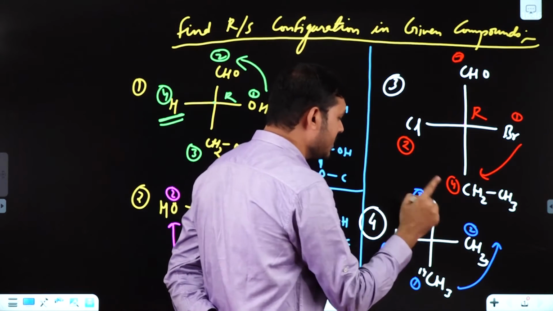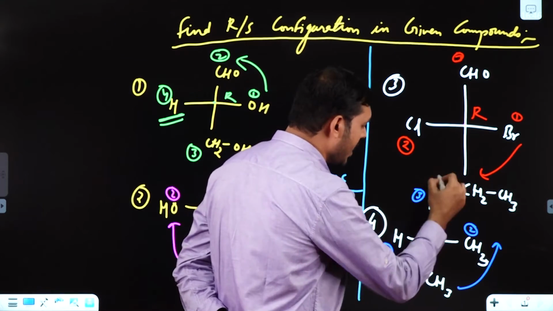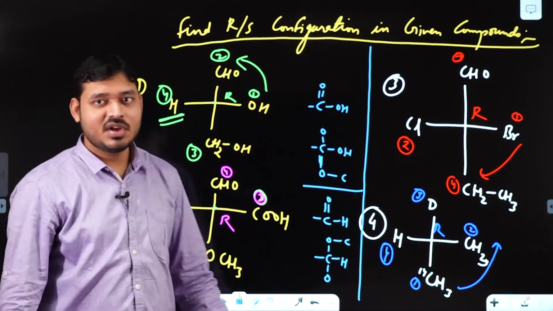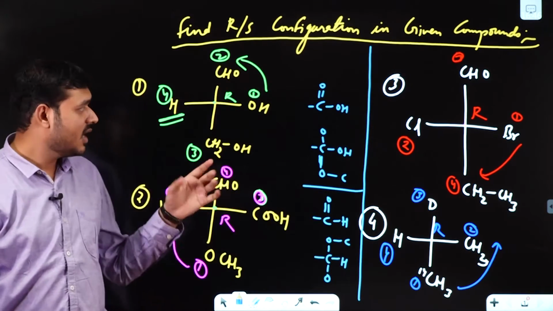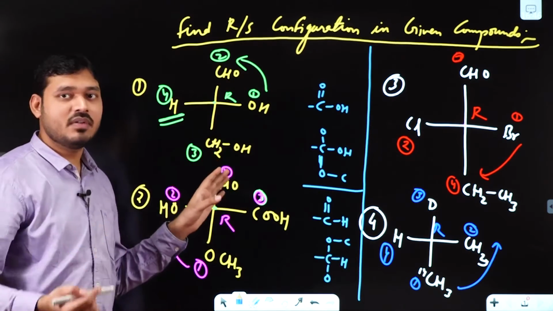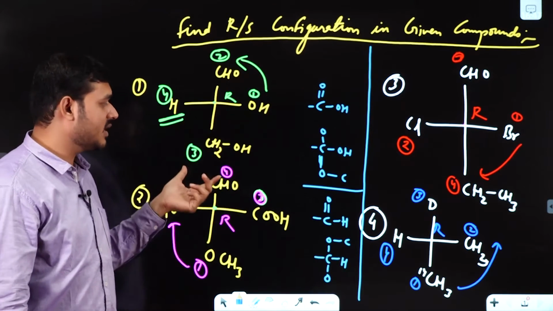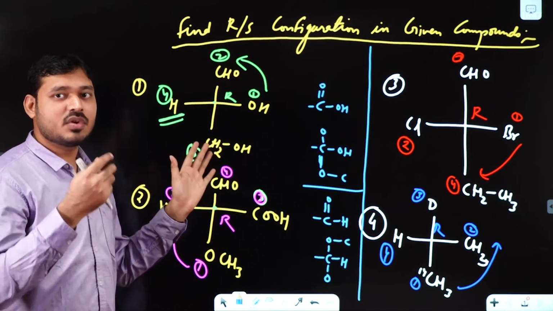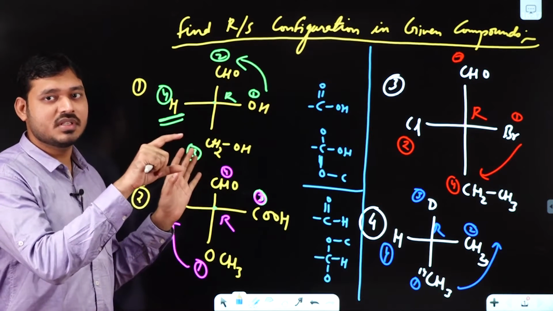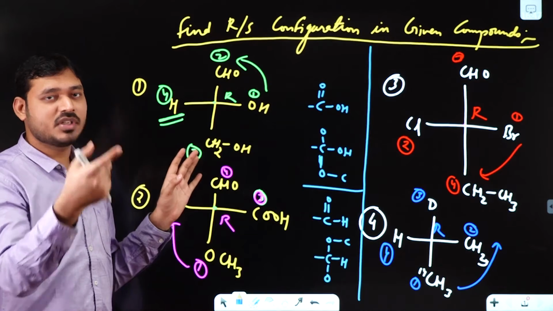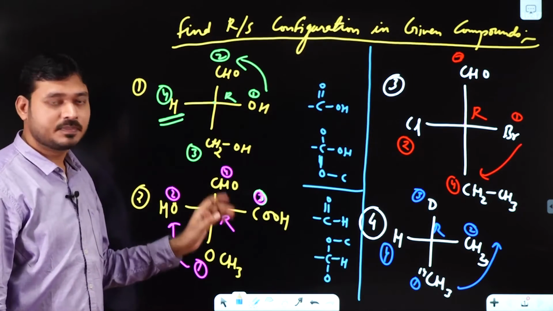So anti-clockwise will be S, but it will be R. Okay, clear? Note down all the cases and you can solve a few questions by yourself. Just practice such cases, making new questions like C double bond C, C triple bond C, and try by yourself.